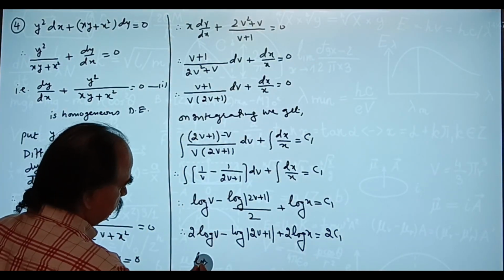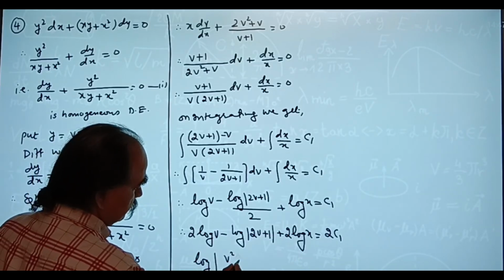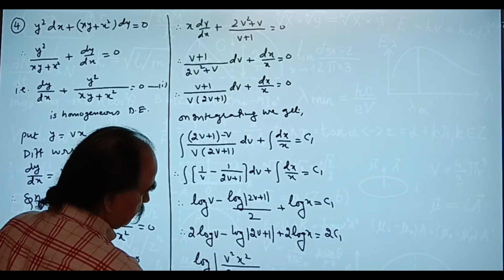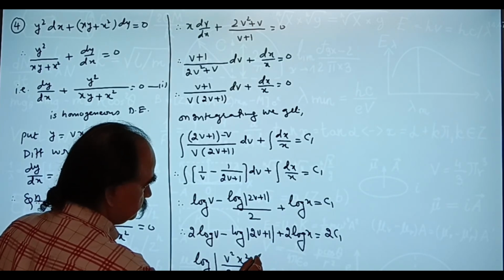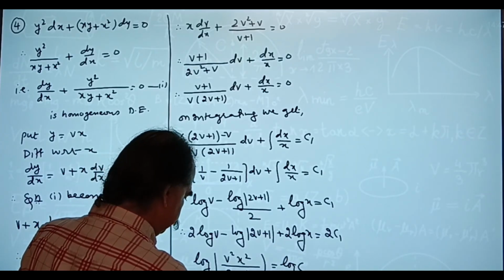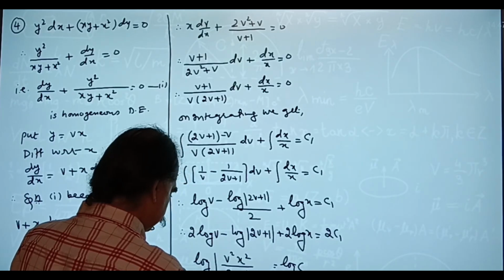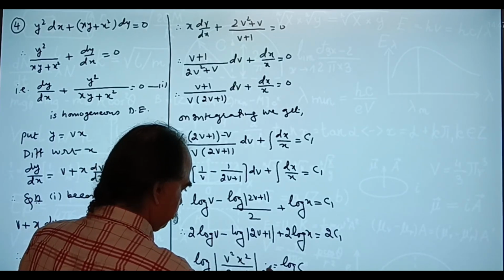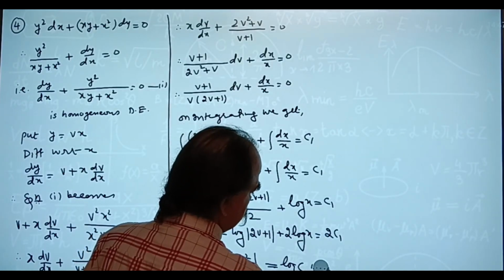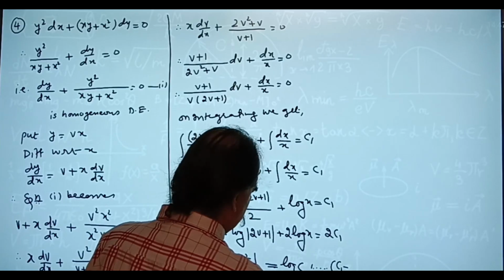So log of v square x square upon 2v plus 1 is log c. 2c1 is log c.